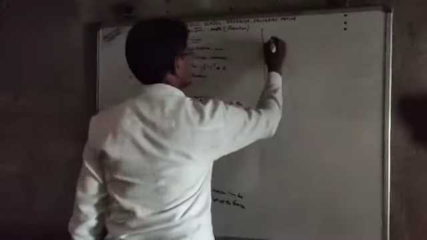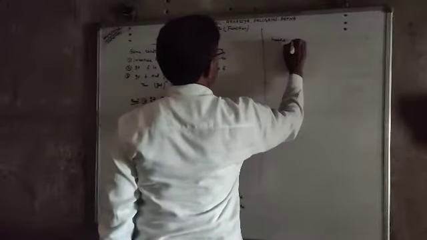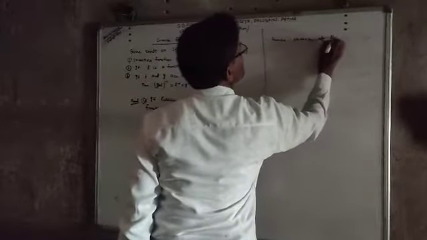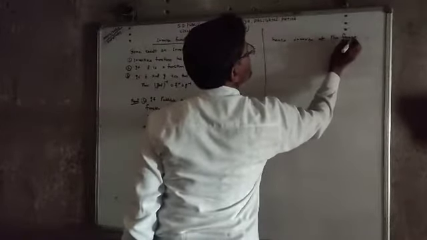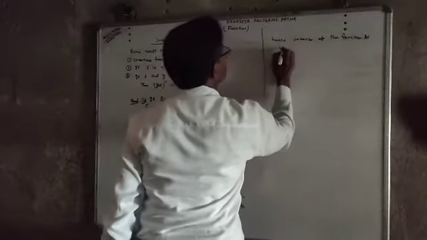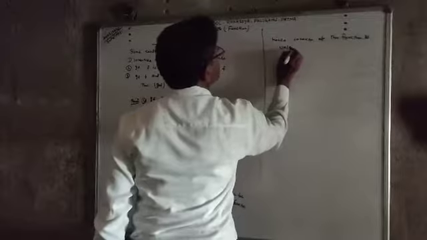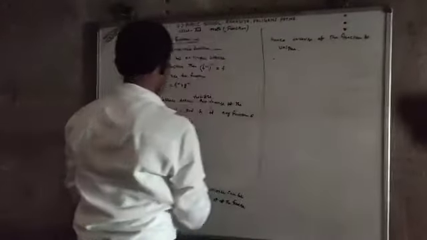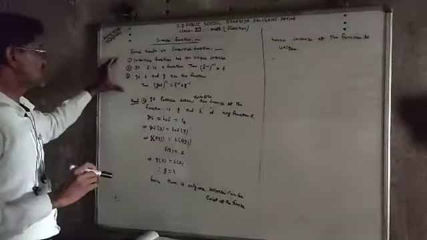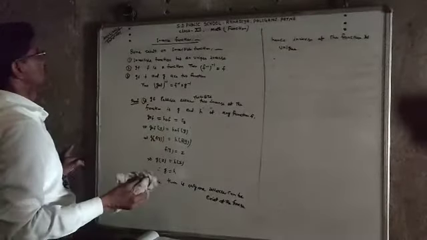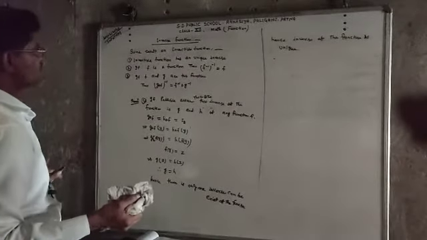Hence the inverse of the function is unique. It is proved as a result. Similarly, we can prove the other two results. Now we see some examples, some problems related to the inverse of the function.